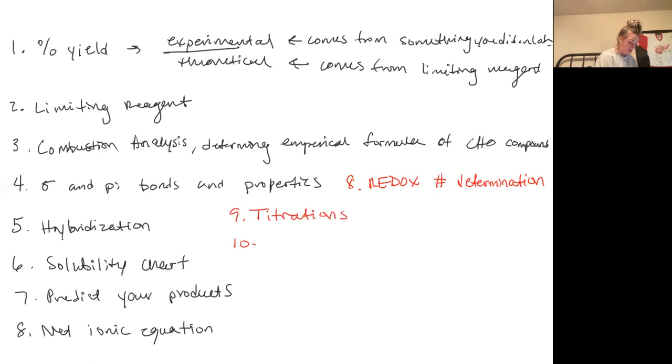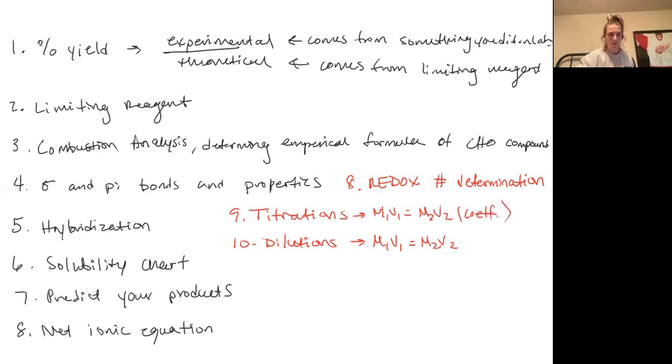We also want to know dilutions. This one will use M1V1 is equal to M2V2. This one also uses M1V1 is equal to M2V2, but this will be one to remember the coefficient. And then we just want to make sure we can balance our equations.